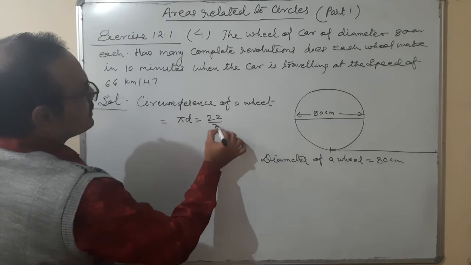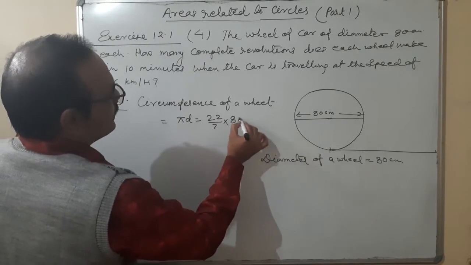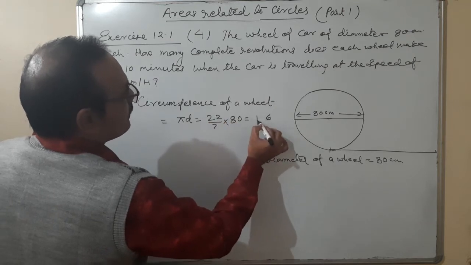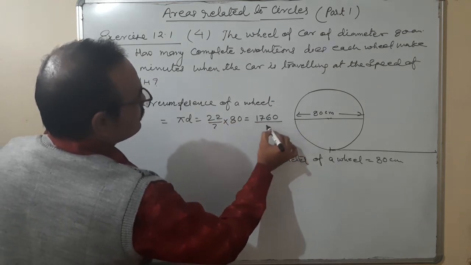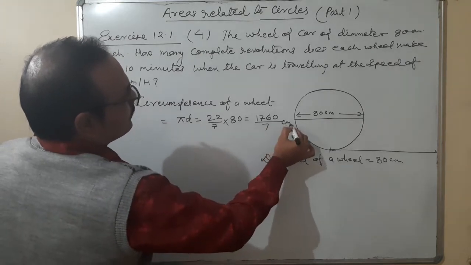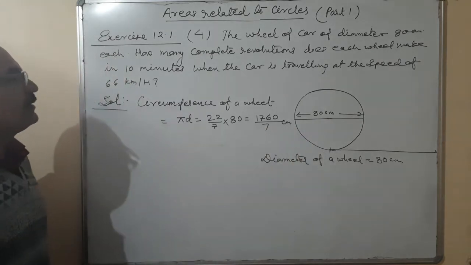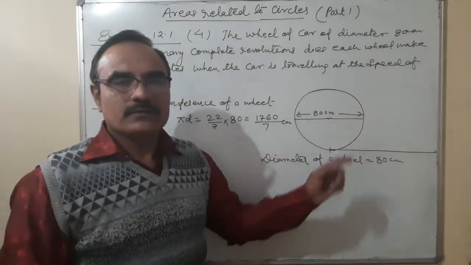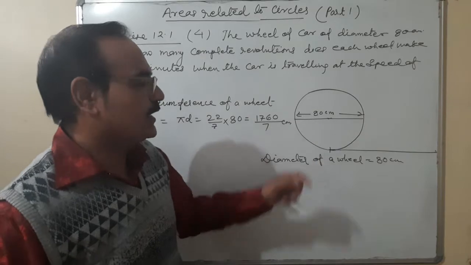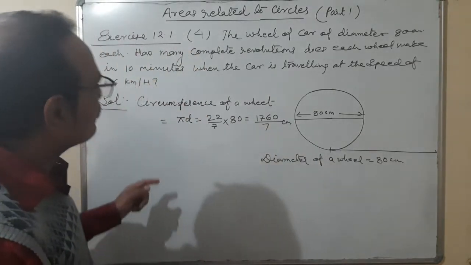Pi is 22 upon 7. Diameter is already given, 80. So 8 times 22, 16, 17, 1760 upon 7 centimeter. This is the circumference of the wheel, 1760 upon 7 centimeter.